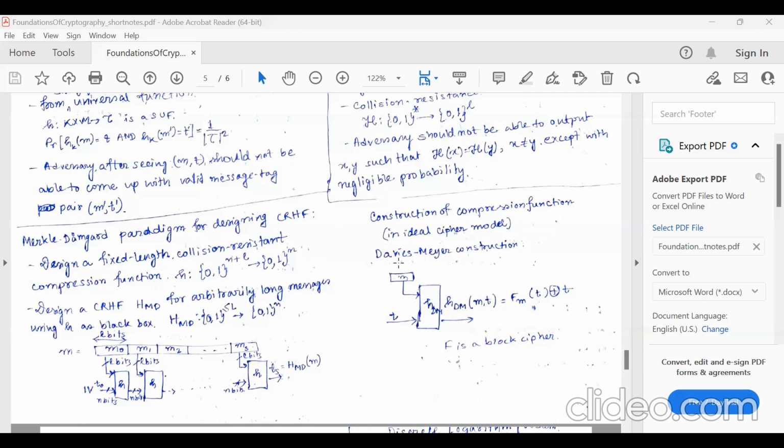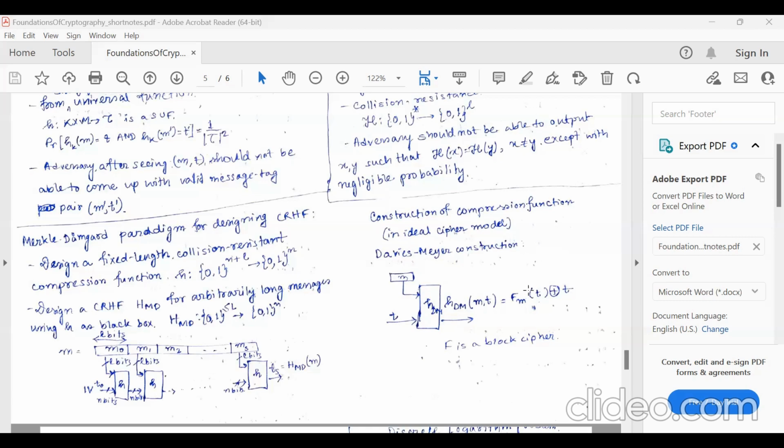Now, how is this compression function designed? For that, we need the Davis-Meyer construction, denoted h_DM, which takes as input one message of length l and another input T of length n.